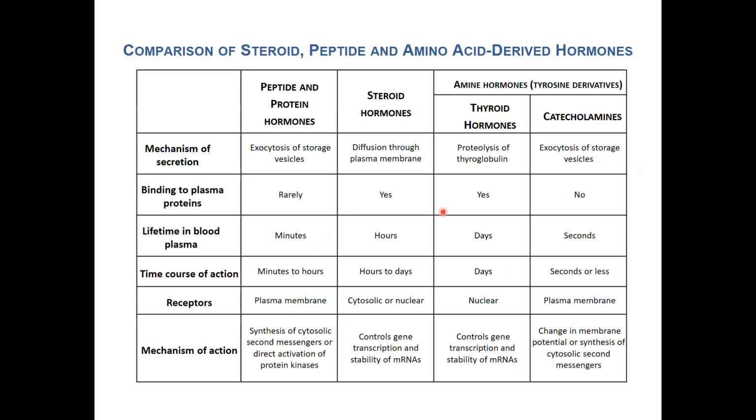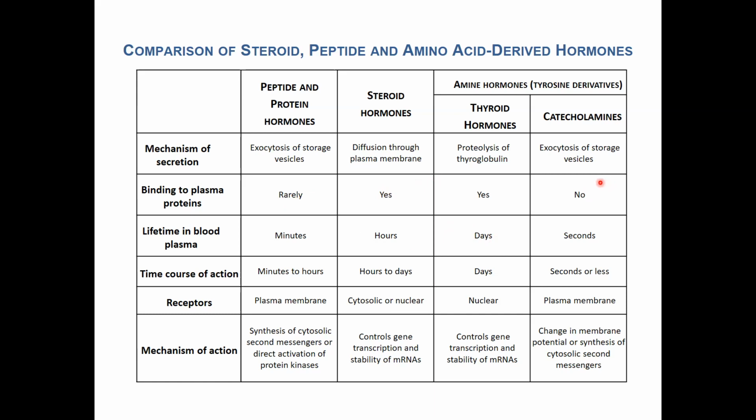All right. In this chart, I basically summarized everything I just talked about. I have the peptide hormones, the steroid hormones, thyroid hormones, the catecholamines. I tell you what their mechanism of secretion is, if they're bound or not bound to carrier proteins, their lifetime in the blood. Notice that if I'm bound to a carrier protein, I last a lot longer.